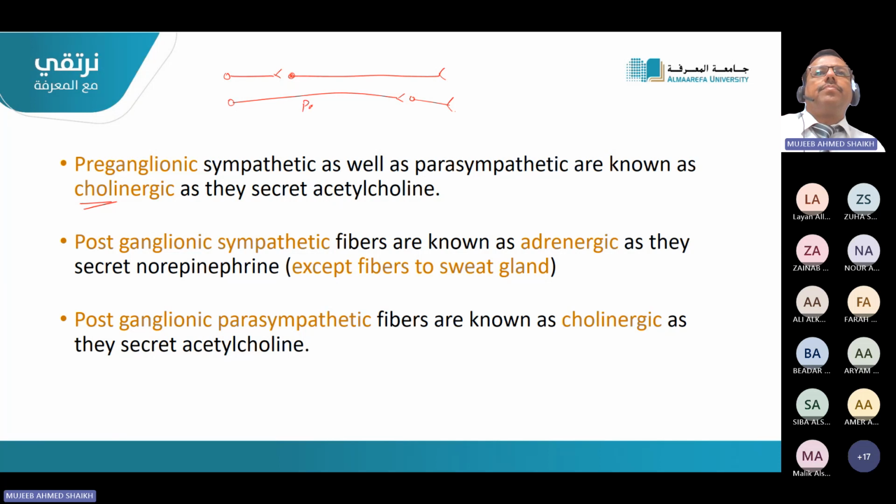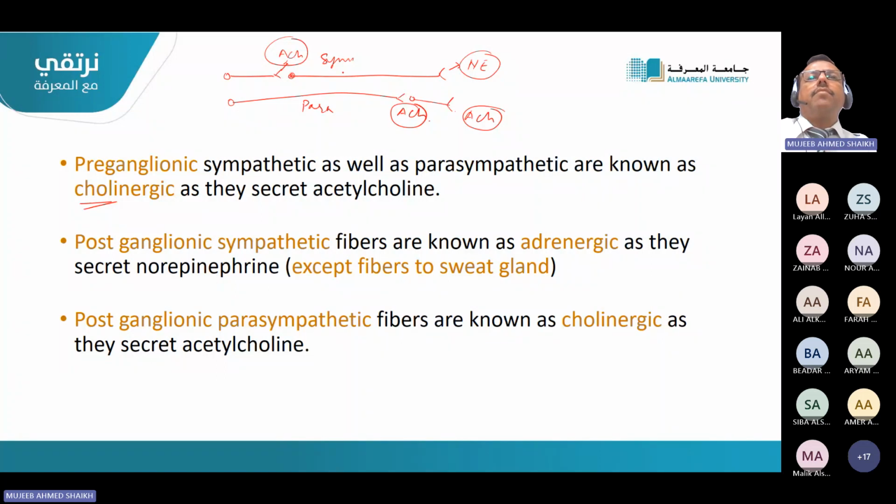Here they secrete acetylcholine, and here they will secrete norepinephrine or epinephrine. Whereas in parasympathetic, here they secrete acetylcholine and also here acetylcholine. So at three places you will find acetylcholine, and only at one place you will find norepinephrine.